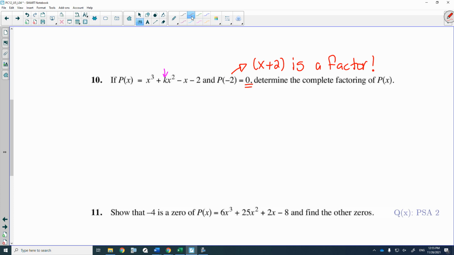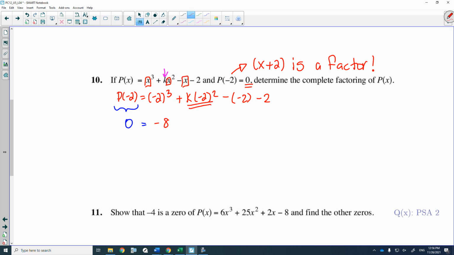So let's figure out p of -2. -2 cubed plus k times -2 squared minus, in a bracket, -2 minus 2. P of -2 will give me the remainder. The remainder is 0. That is equal to -8.